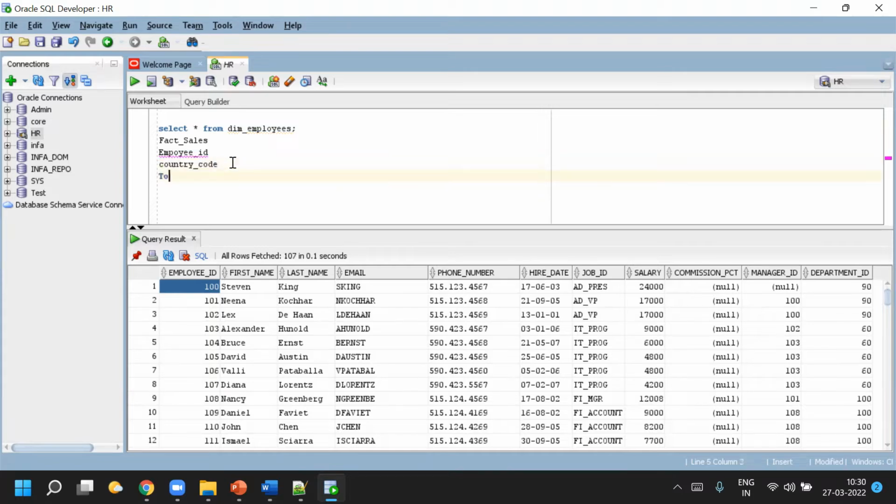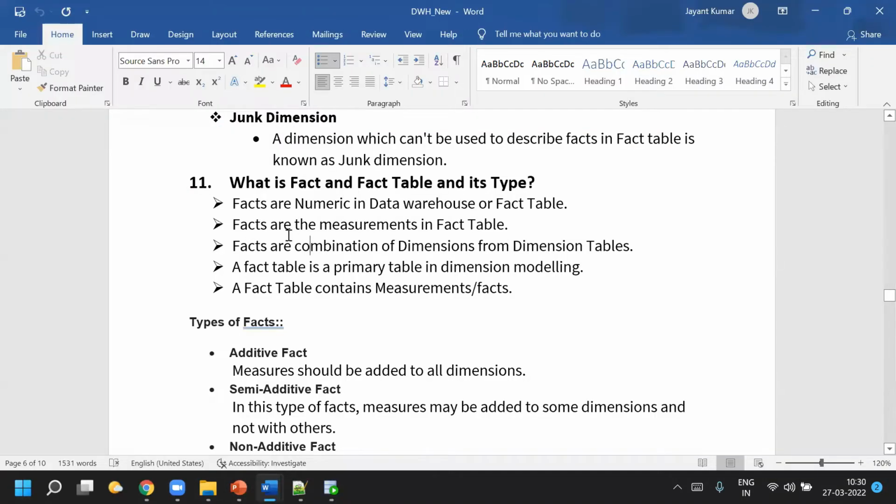Total sales, or you can say sales amount, is also a numeric value. So what I mean to say is that a fact table will store only numeric values. Facts are the measurements in a fact table.